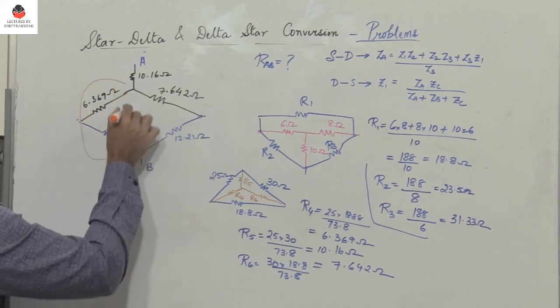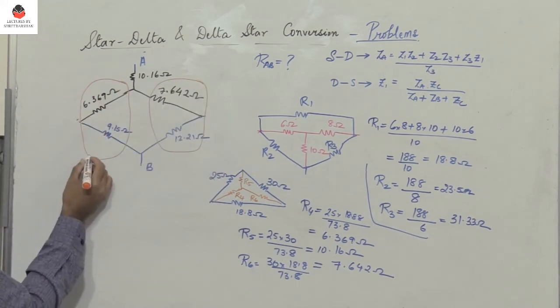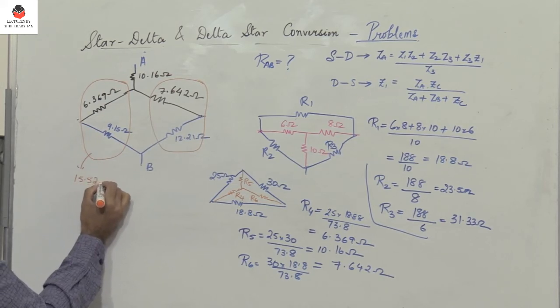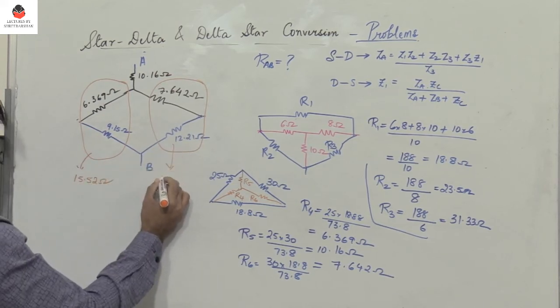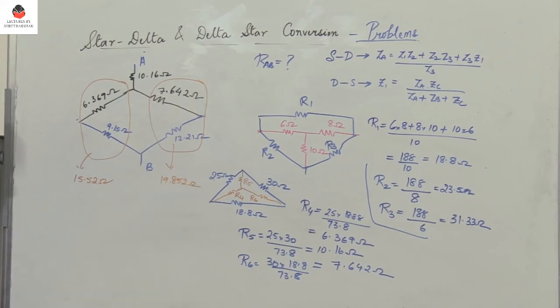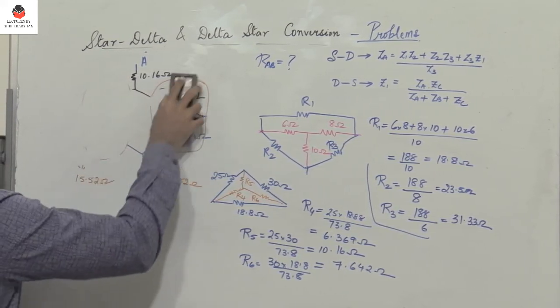So these are in series, and these two also are in series. So I can add them. So if I add them, you get 15.52 ohm, and here you add them, you get 19.852 ohm, right?